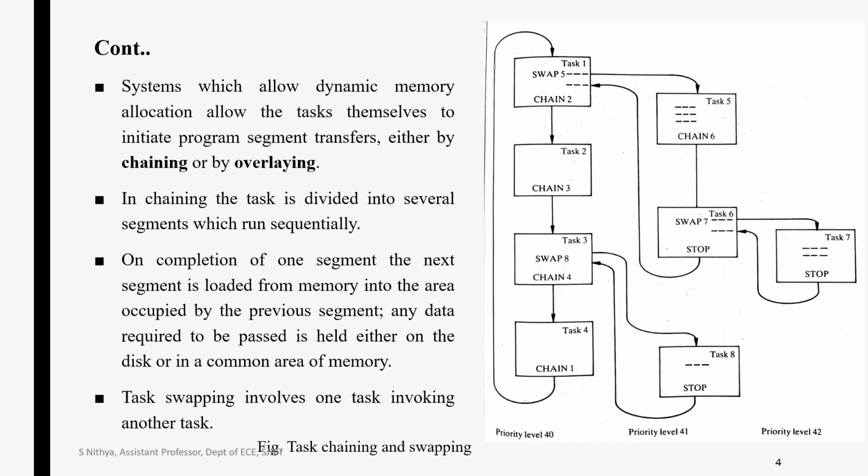Task 3 is also represented. Once task 3 is done, it loads the next task, task 8. Once that is completed, it returns to task 3, and when task 4 is completed, it returns back to task 1. This is how task swapping is performed.